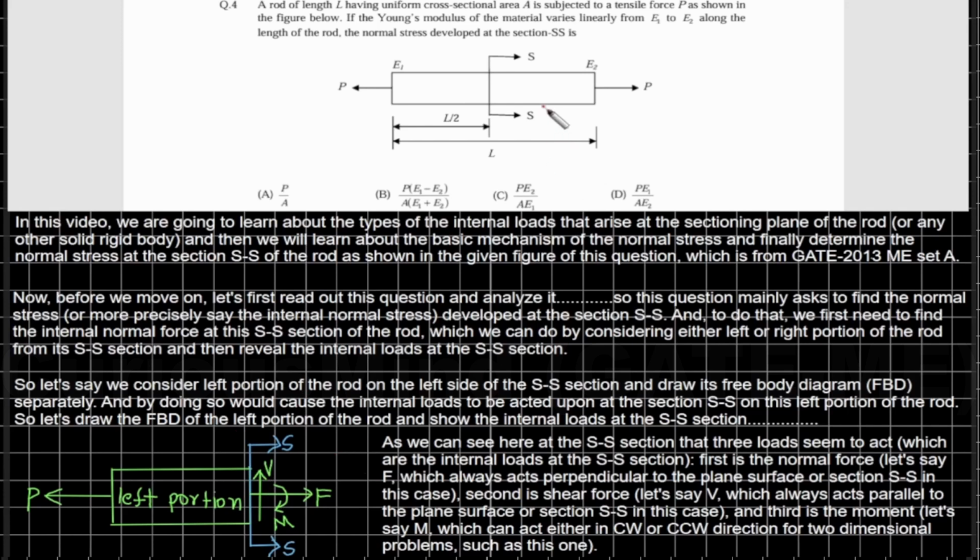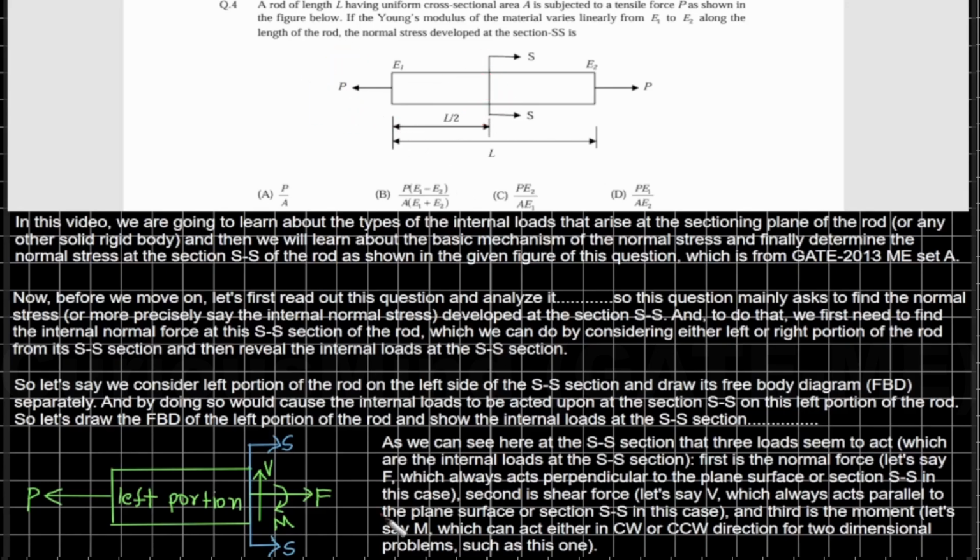Right. So if we were to draw the free body diagram of the right portion of the rod, then the normal force would act on the SS plane in this direction.